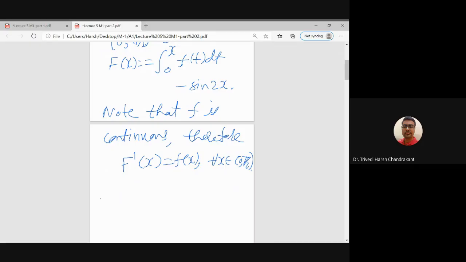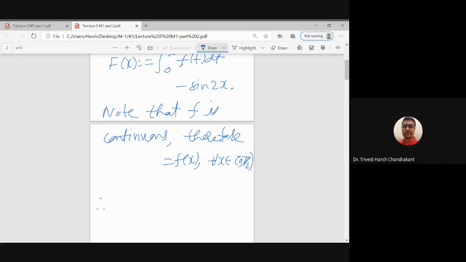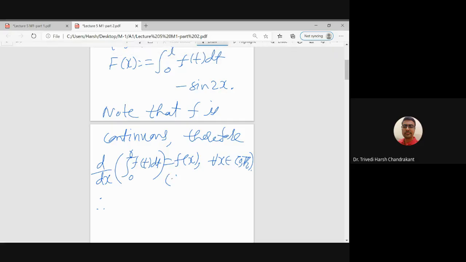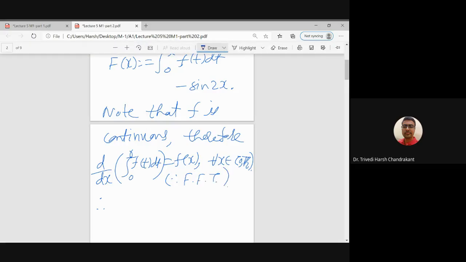Right. So therefore what will be the derivative of capital, yeah, so this is a mistake actually. So derivative of the integral basically, right? So this is coming from the first fundamental theorem.